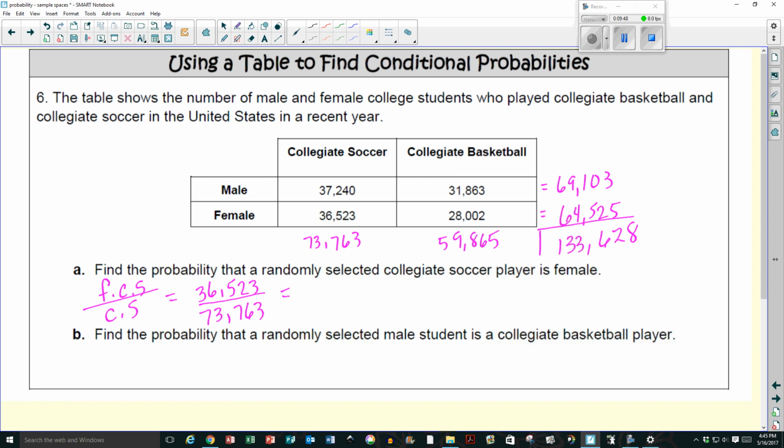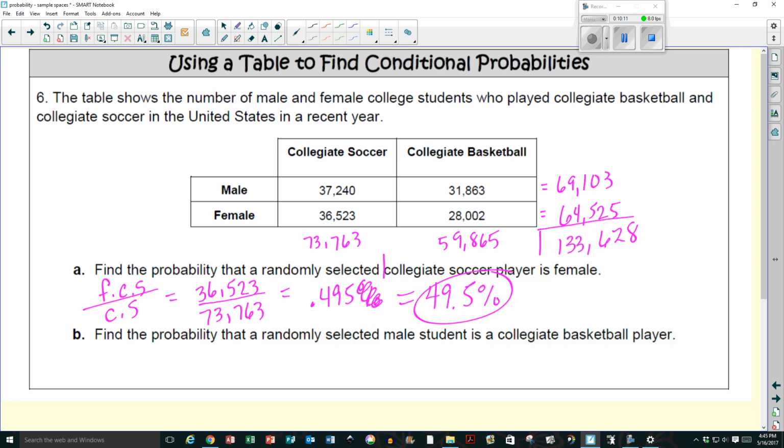So if all the soccer players are standing in a room and I randomly draw someone's name, what is the probability that it's a female soccer player? So that is about 0.495, which is about 49.5%. Sorry, I put the percent almost too soon.